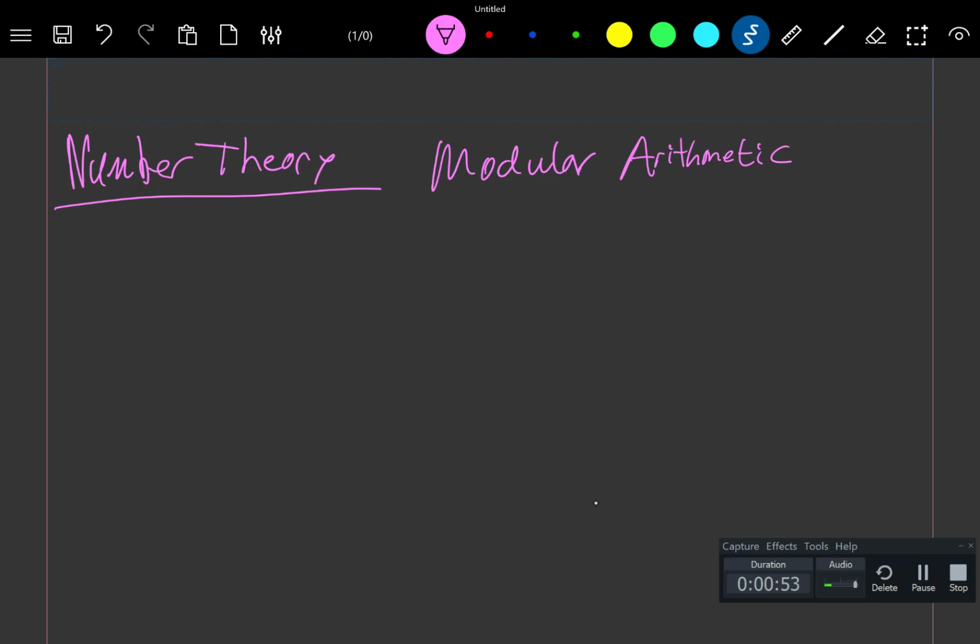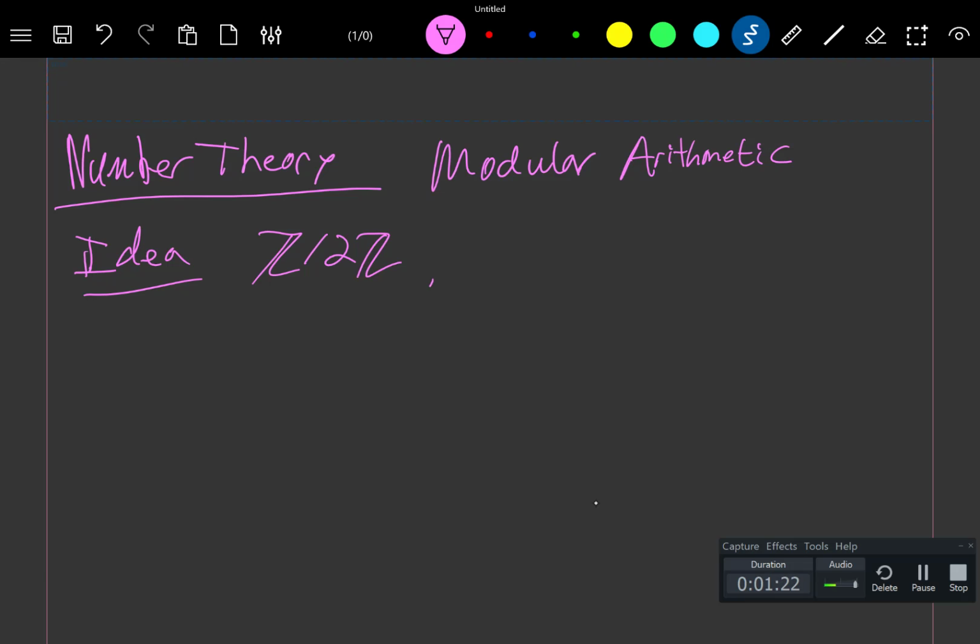Maybe I'll just start off with the idea: you can simplify arithmetic. Probably a classical example I talked about when we talked about rings was Z mod 2Z, and we'll talk about what this actually means.